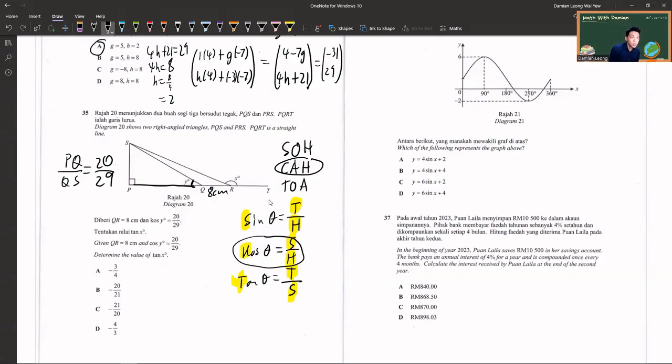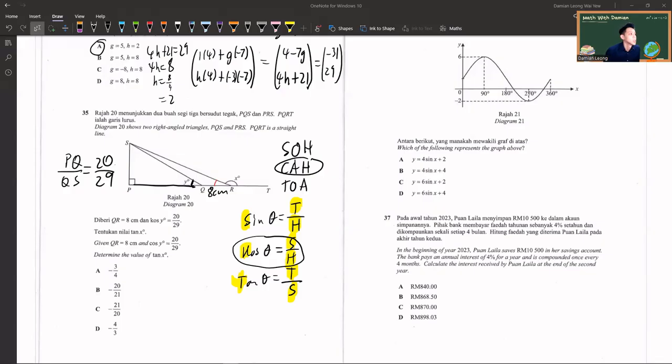Yeah. I want tangent X. Tangent X, we use this. Okay. The reference angle. Yeah. We use reference angle. Nilai darjah untuk reference. Okay. Di setiap suku lah.